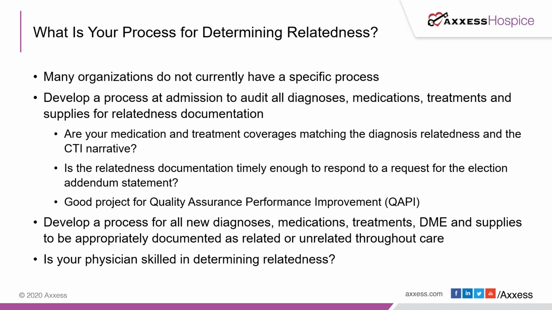And double checking also in your QAPI project is making sure that there's consistent documentation. Is the medication and treatment coverage matching the diagnosis relatedness that's listed? Is it matching the CTI narrative? Are all of these things saying the same thing? Because OIG caught a lot of those in their audits, showing that things weren't consistent throughout the chart.